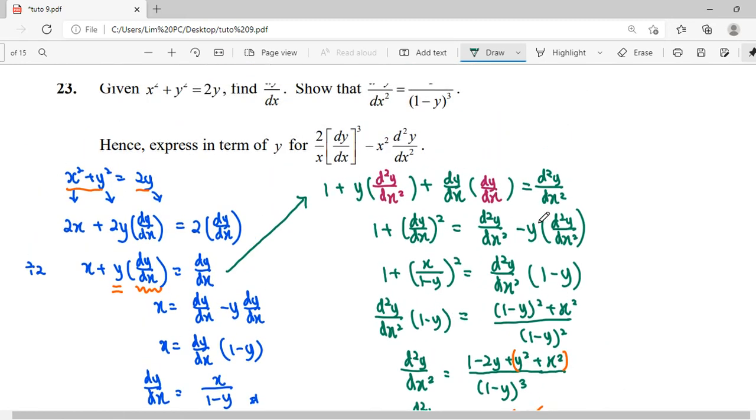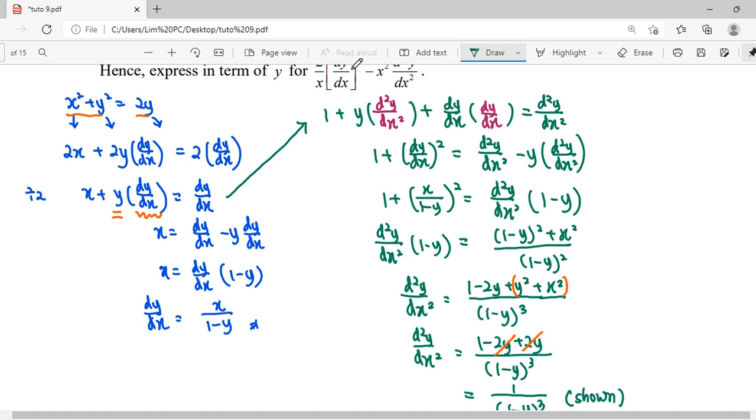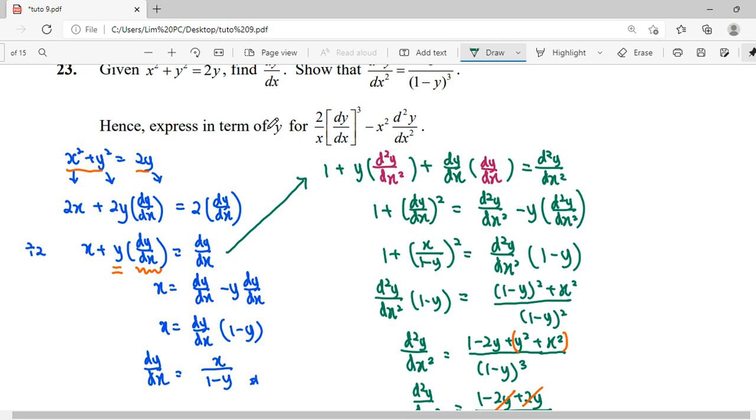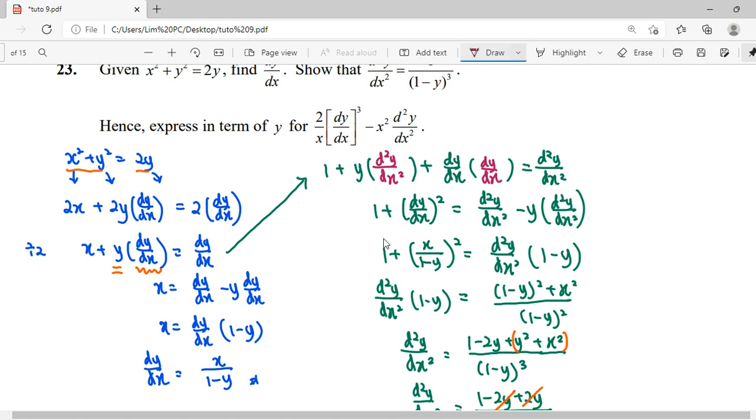So we continue for part 2. Once we finish our dy dx, our second derivative, hence expressed in terms of y, we're going to substitute our dy dx and our d2y dx squared, and then simplify everything, and leave the answer in terms of y only. So no more expression in terms of x.